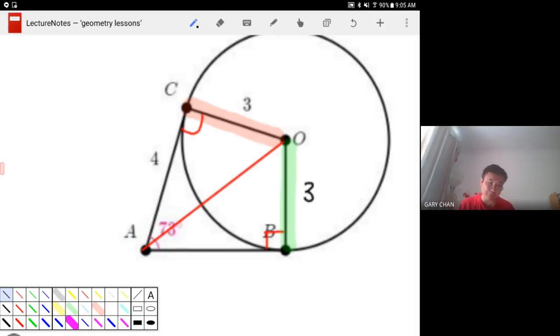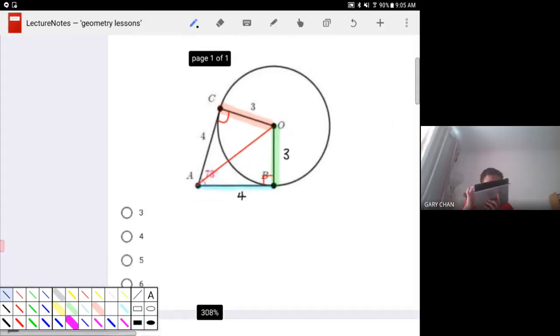Exactly, beautifully said. The two triangles are congruent by hypotenuse-leg. Therefore, Kira, what has to be the length of this line in blue? It must be 4. You weren't here yesterday, so I'm really proud of you for figuring that out. That length there must be 4.